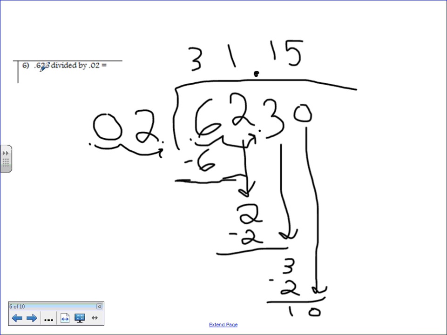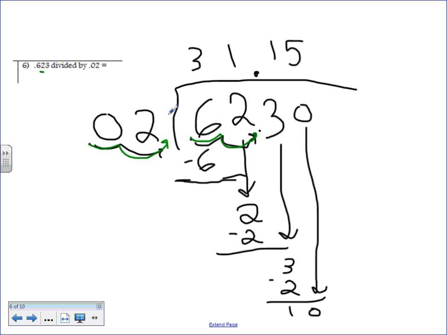All right, number 6, division. Notice the first one goes in the house. Got to set it up the right way. Now, I had a decimal point here. The goal is to get rid of it. So I moved it over 1, 2. But whatever you do on the outside, you have to do on the inside. So I had to move this one 1, 2.